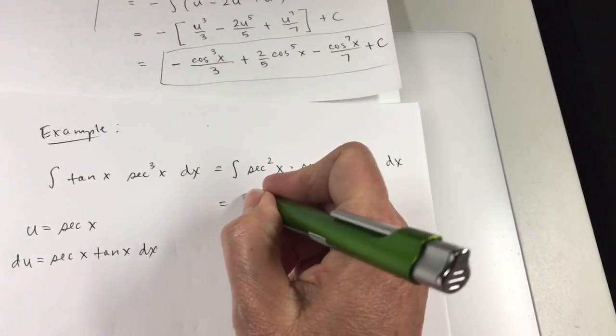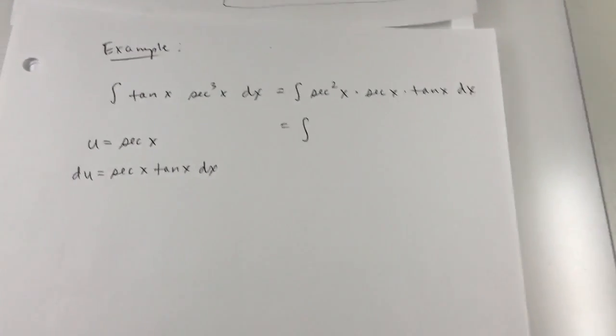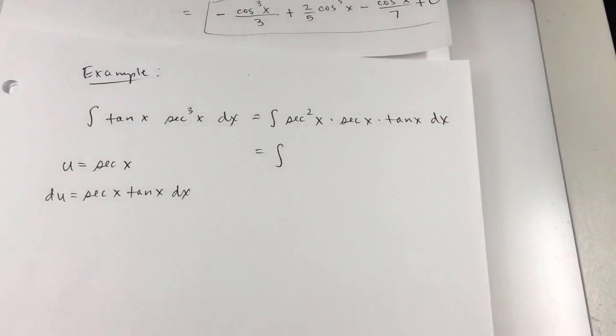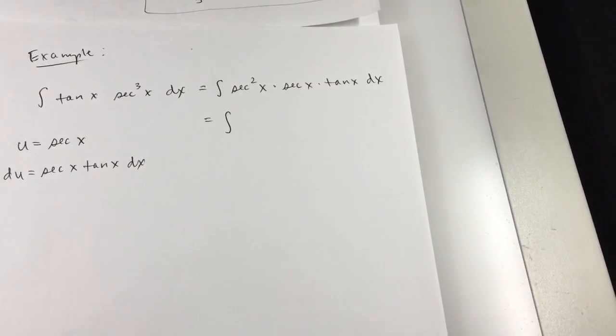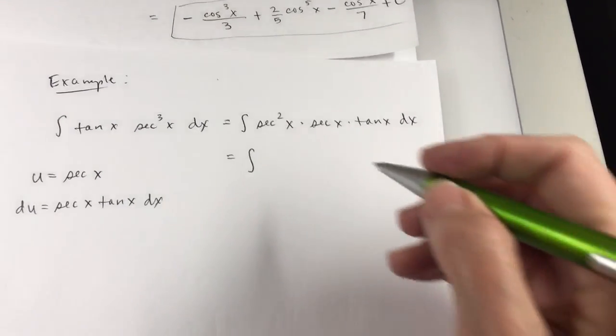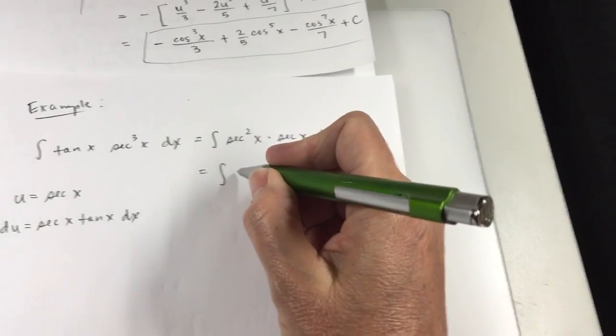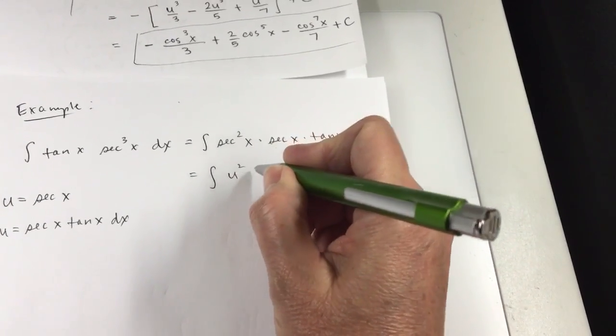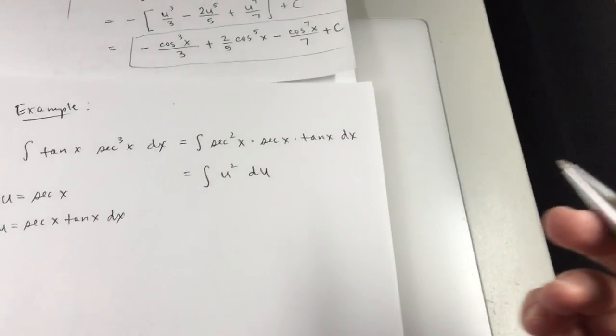Once you can see the right thing to do as far as trig identities go, or how you're going to tackle this problem and deal with those exponents, some of them are real easy then. Oh, let's see. This will be the integral of u squared du. That's it.